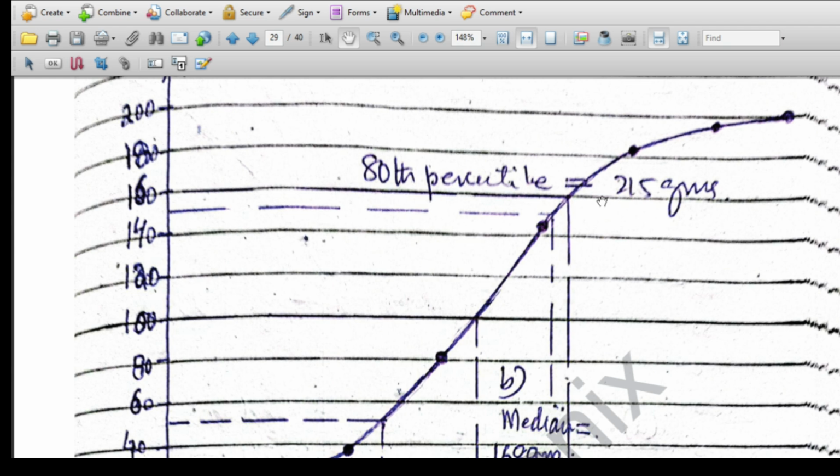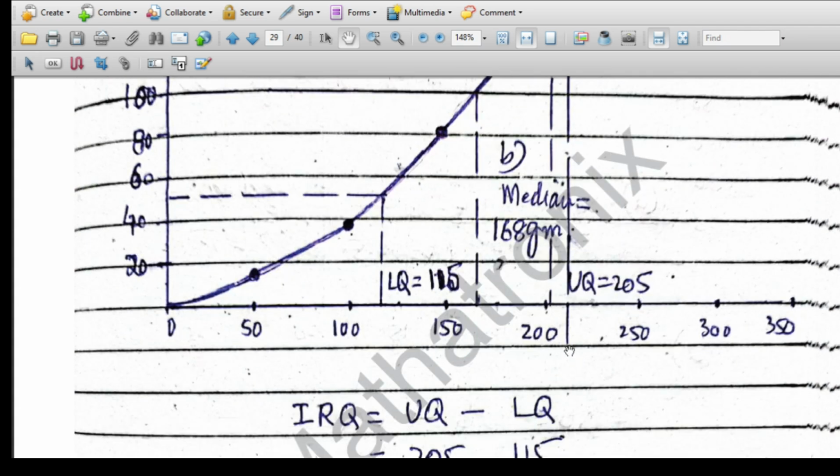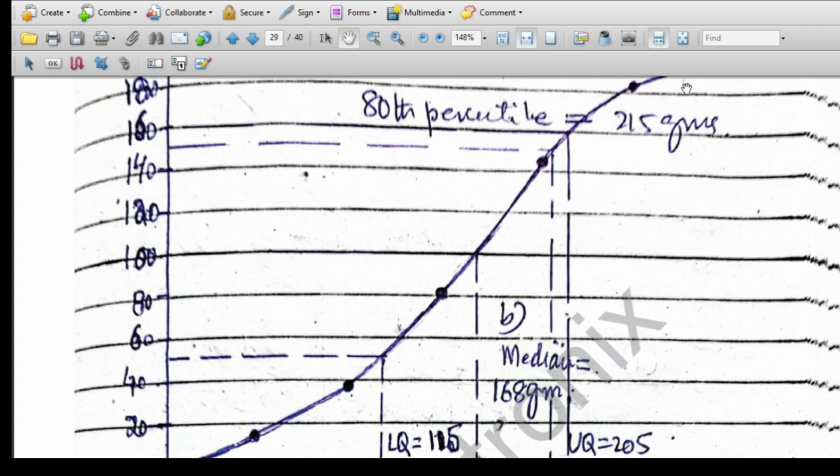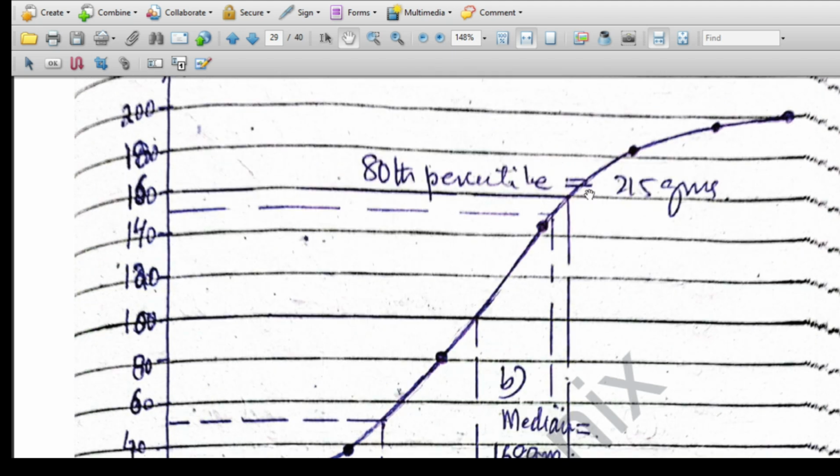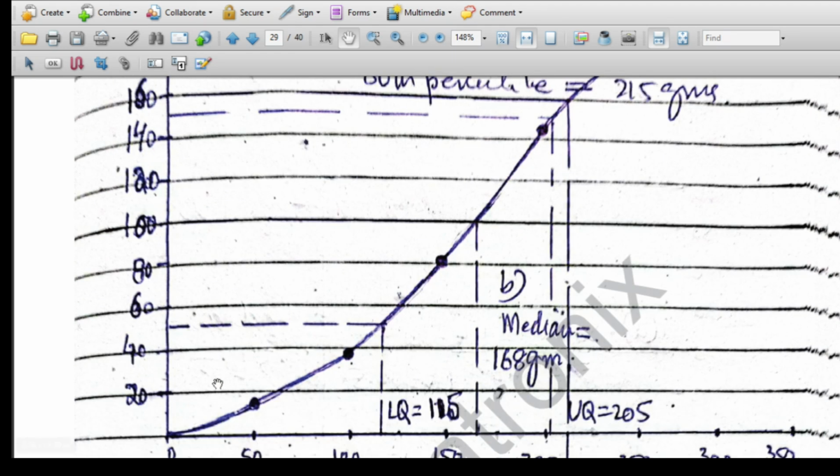So at 160 we have a value of 215 grams. So all can be answered from this cumulative frequency diagram.